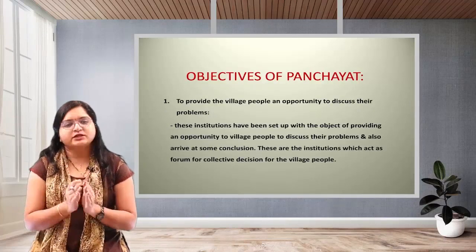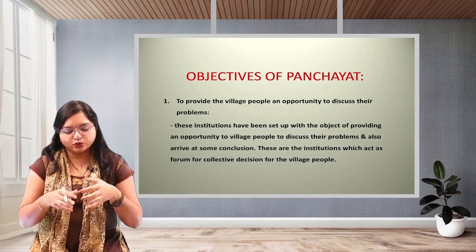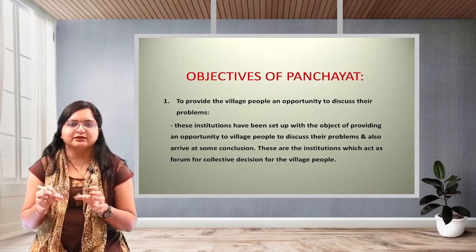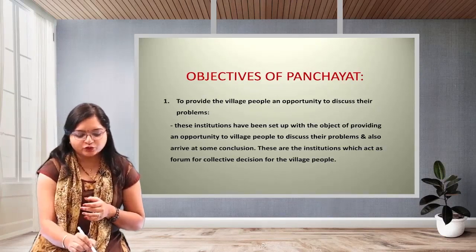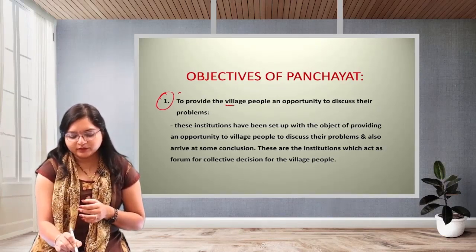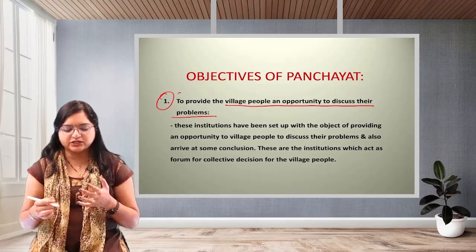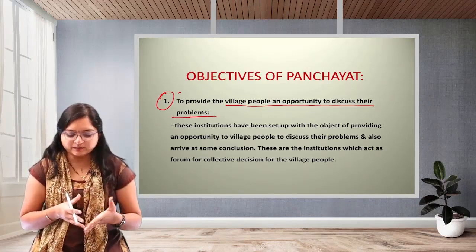Now we'll see the objectives of Panchayat. These objectives show the aims for which the Panchayat is working. The first objective of Panchayat is to provide village people an opportunity to discuss their problems.